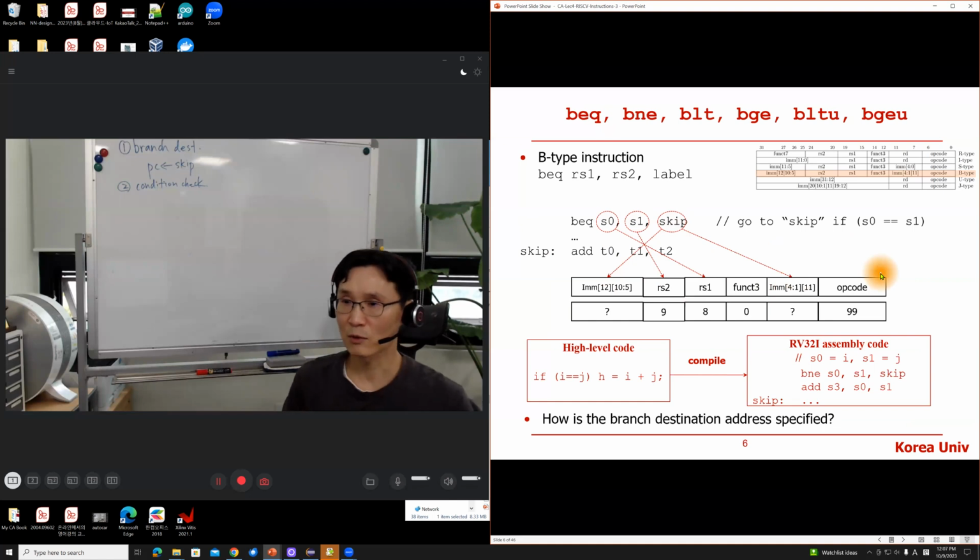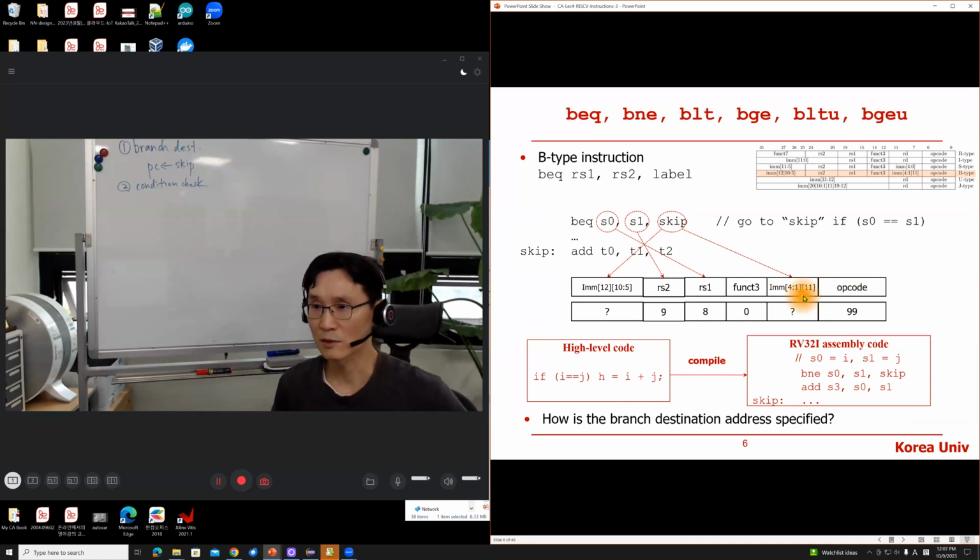Before we talk about the detail of branch destination, a branch instruction is using the B-type encoding format. B-type is a variant of the S-type encoding. If you remember, S-type encoding is used for memory write instructions: store word, store half word, and store byte instructions.